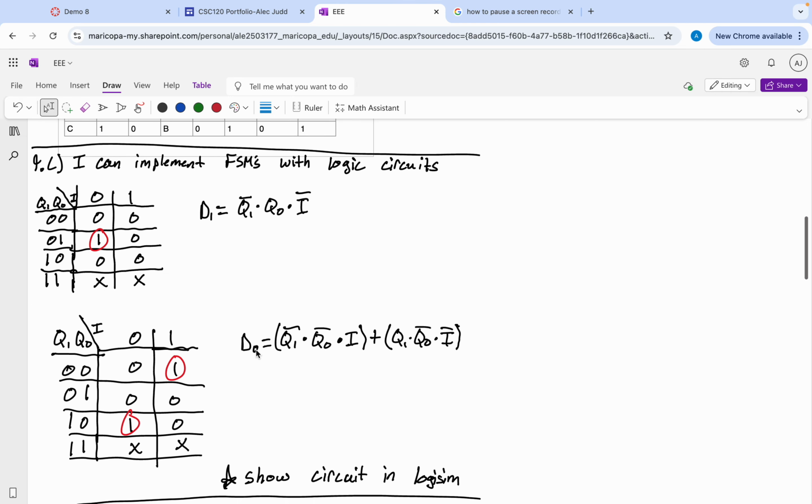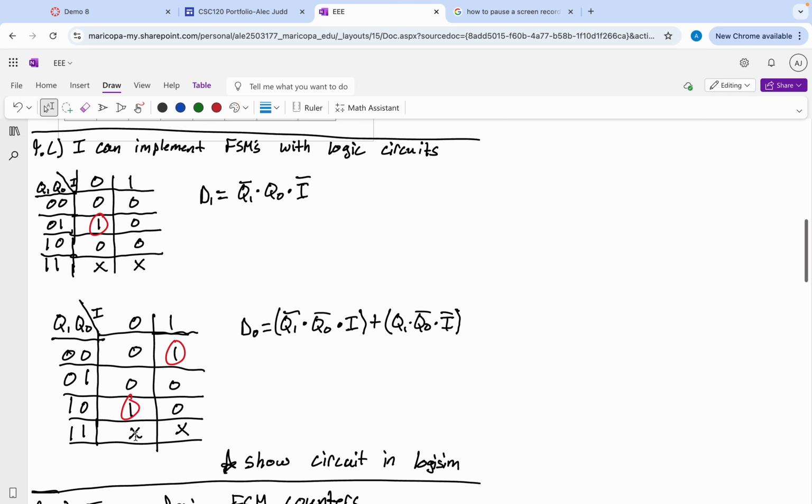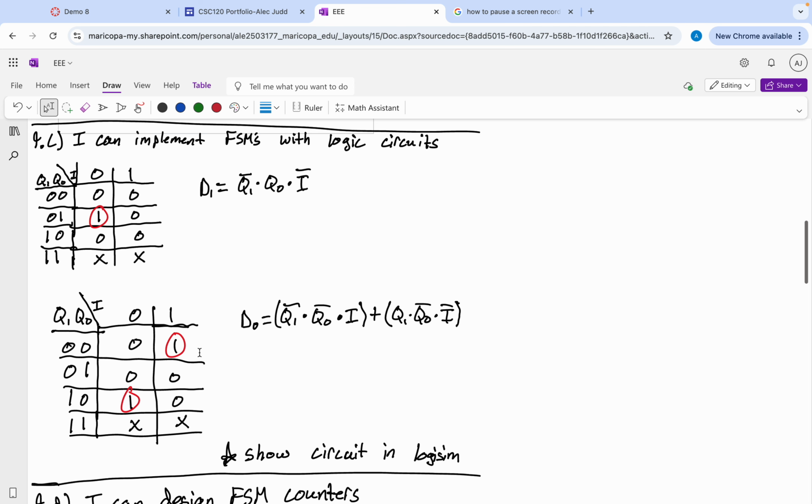And then our D0 flip-flop, same thing, we don't count 1, 1, and we get a 1 at 1, 0, 0, and 0, 0, 1. And so that'll give us, let's see, this one is this one.